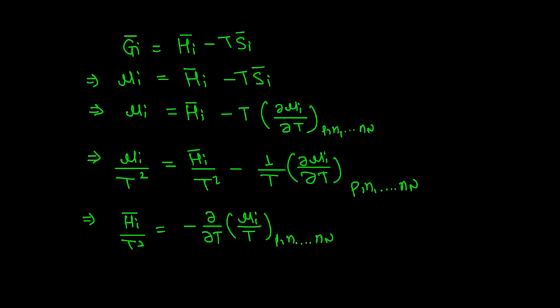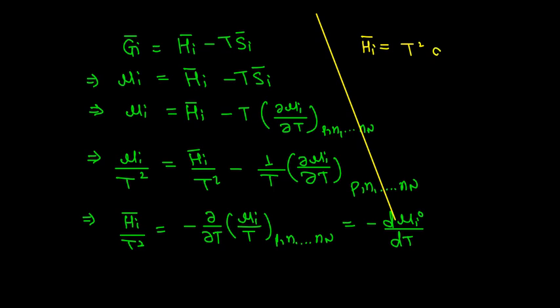And if you remember, we actually obtained this as minus dμi⁰ by dT. Okay, so what do we observe from here? What we observe is that Hi bar is nothing but minus T squared dμi⁰ by dT, from which we observe that Hi bar is a function of T only.